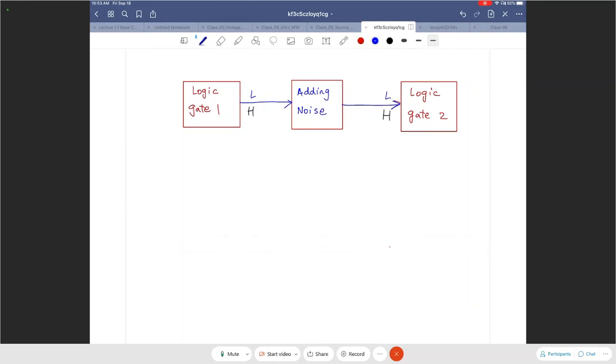That's undesirable, but it is happening because it's a real circuit. Now, this noise might be too much. And if it is too much, it might take a low voltage and make it undefined here, and it might take a high voltage and also make it undefined.